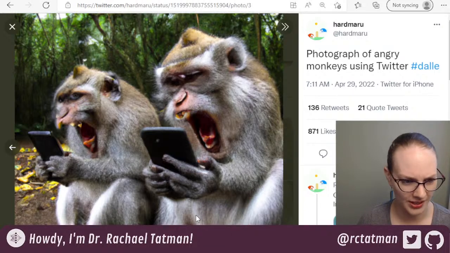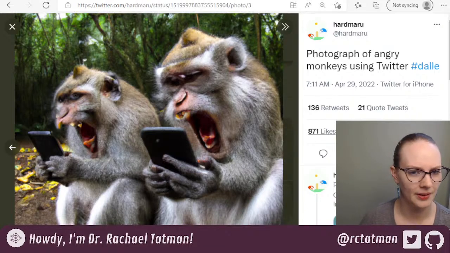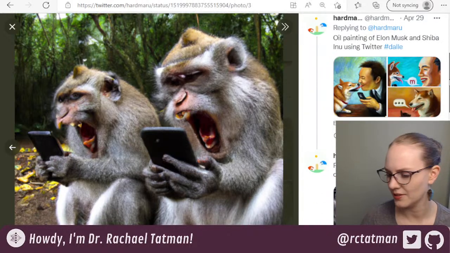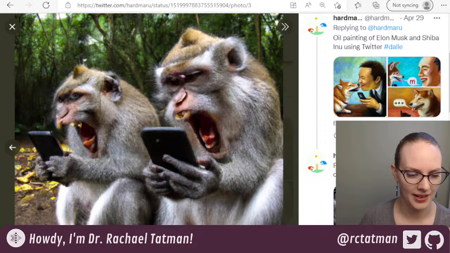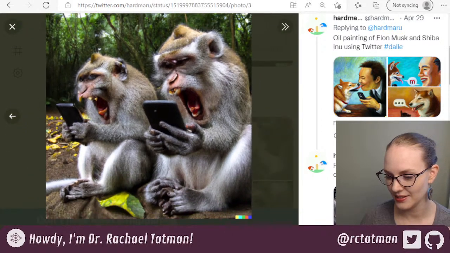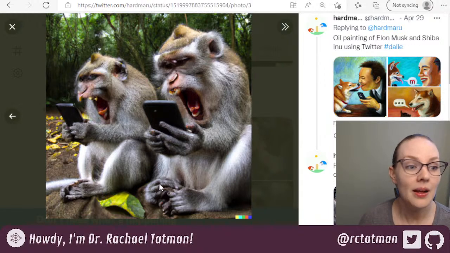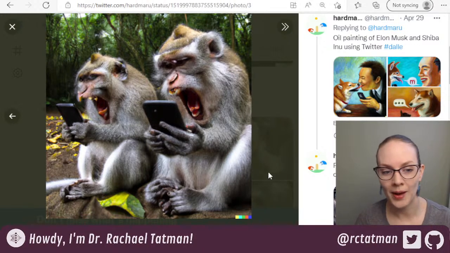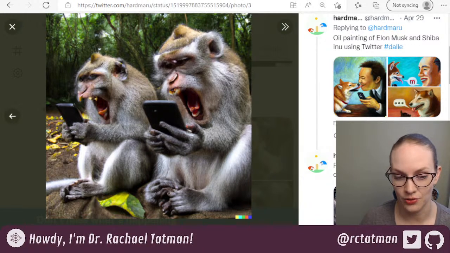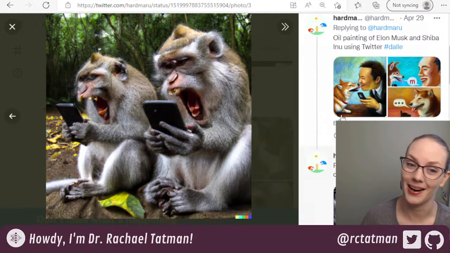The number of toes, again, there's just something off. Let me get the monkey toes in there. There you go. This looks very wrong to me, but if you just scrolled by this as clip art in a news story, maybe it wouldn't surprise you.